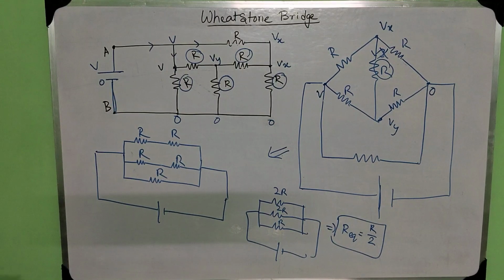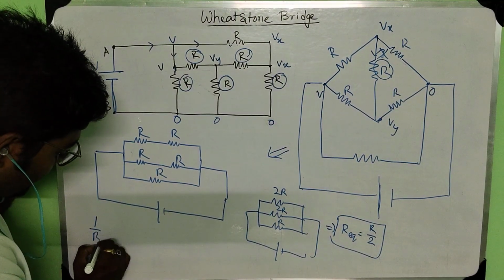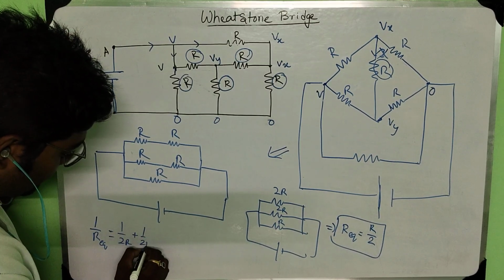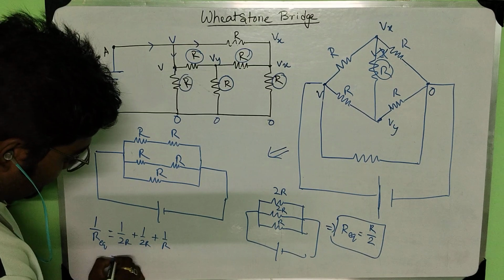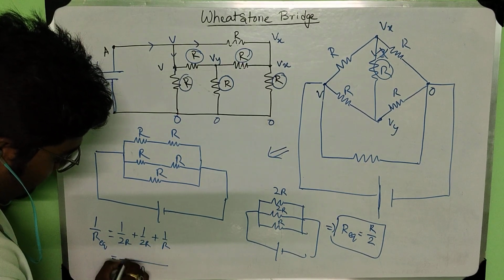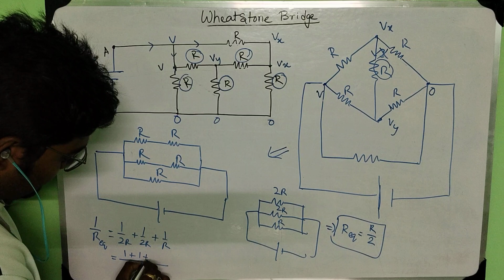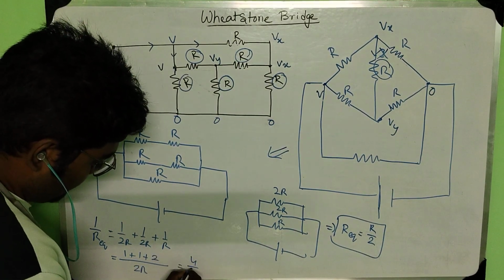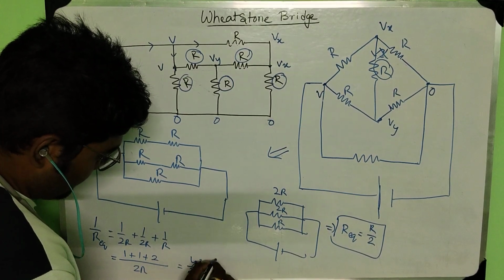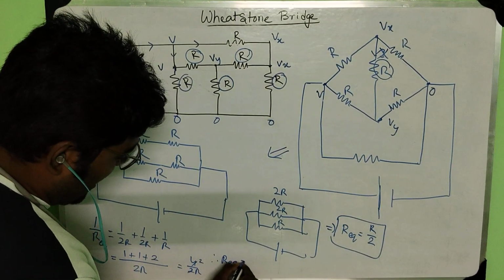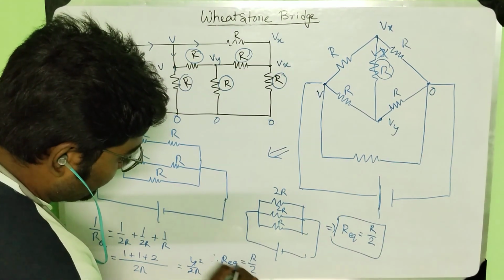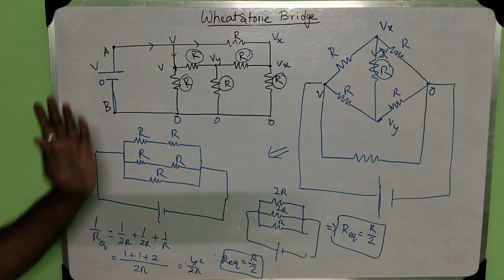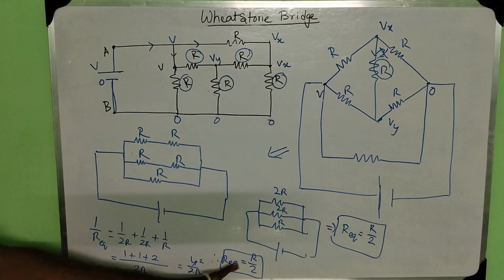So this is the actual answer. For this type of circuit, the R equivalent will be R by 2.